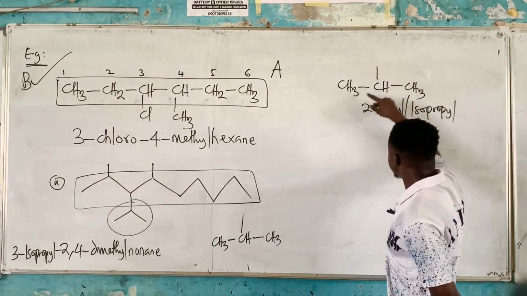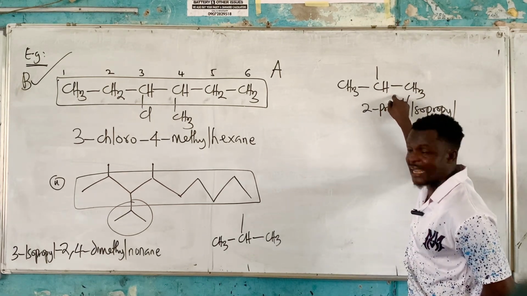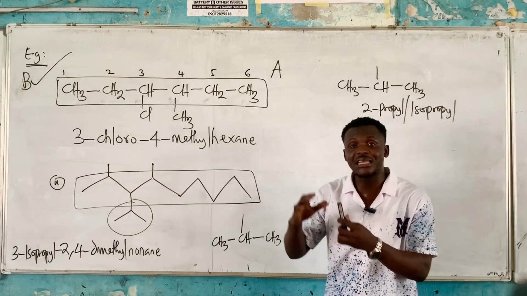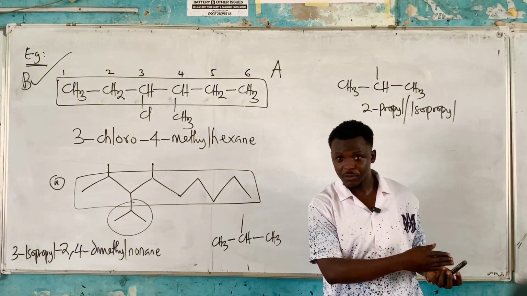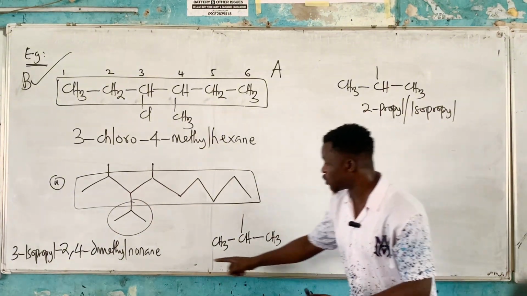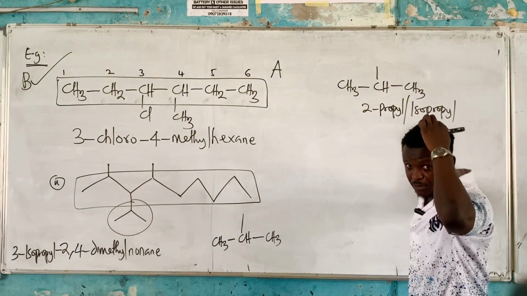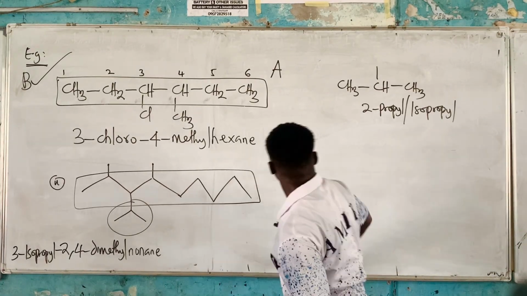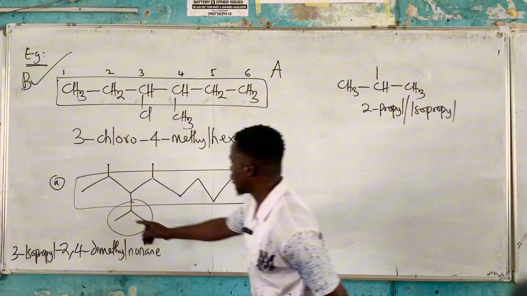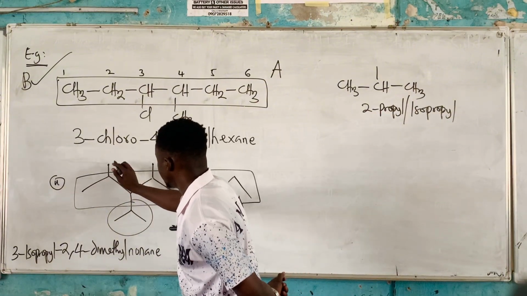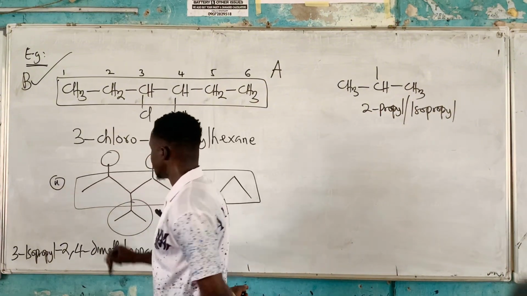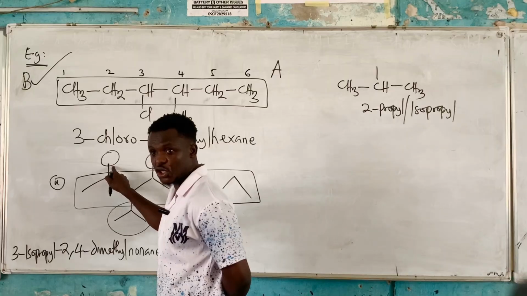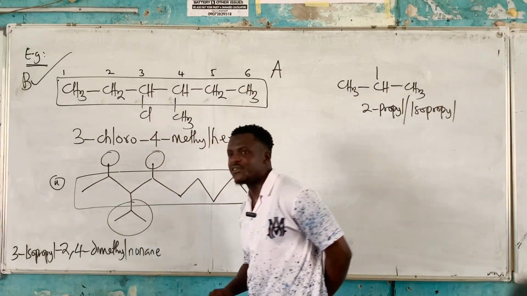And I told us this is C3H7. And C3H7 can be in place of either 1-propyl or 2-propyl. And 2-propyl is also known as what? Isopropyl. All right. So this guy is methyl, this is methyl, and this is isopropyl, because this point represents carbon, isn't it so? So we have identified the substituents.